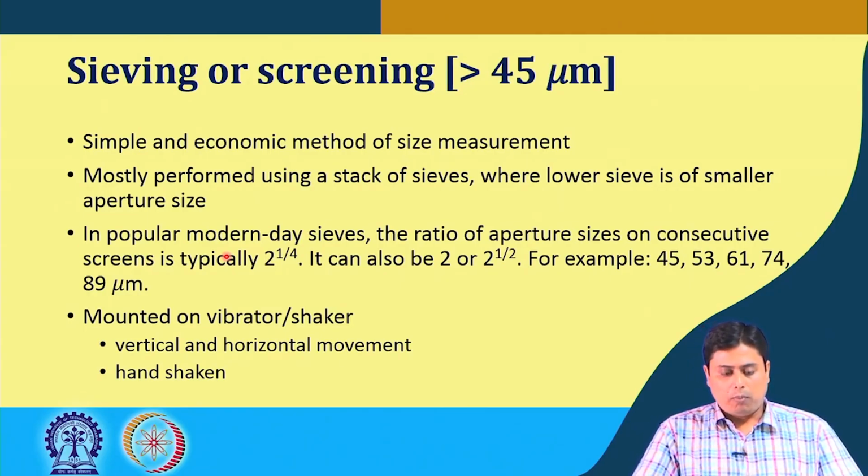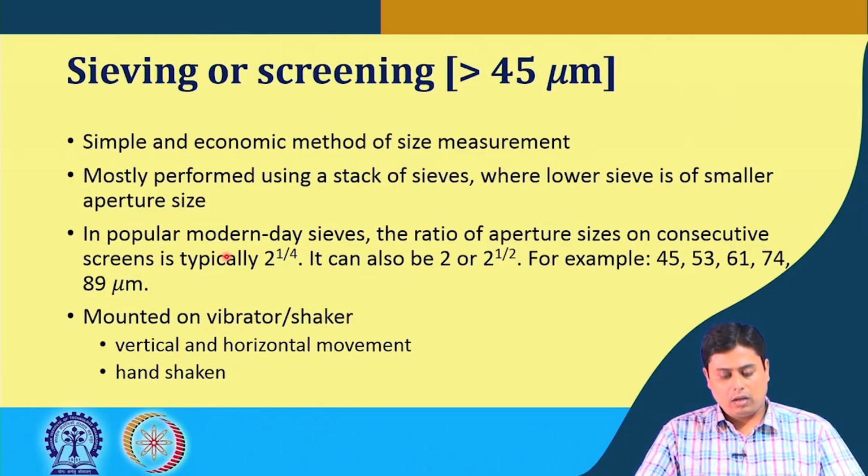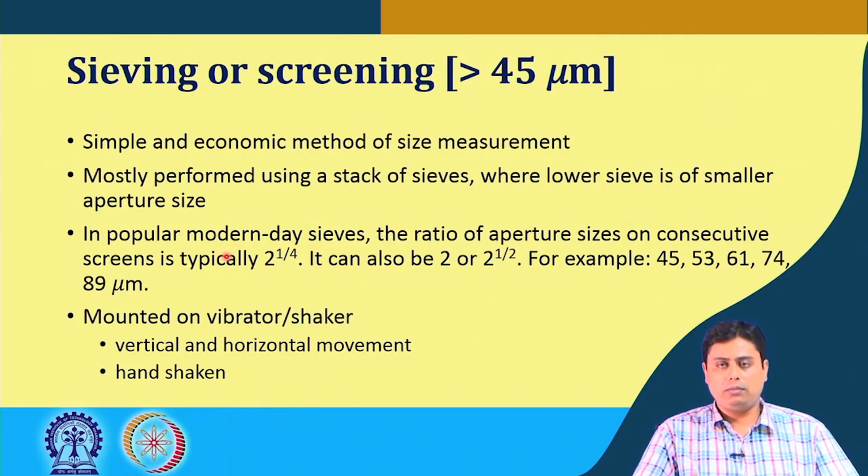The point here is that some amount of solid particles goes through the aperture if they are smaller in size than the aperture, and those that are bigger are retained as the overflow of the screens, and whatever passes through the screens we typically call the underflow.